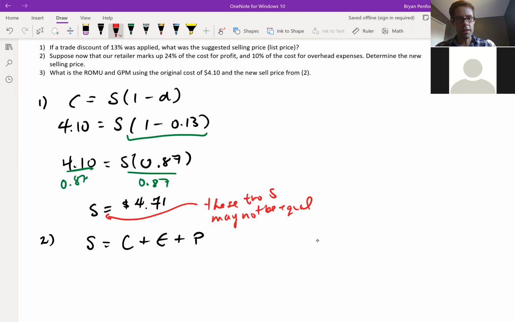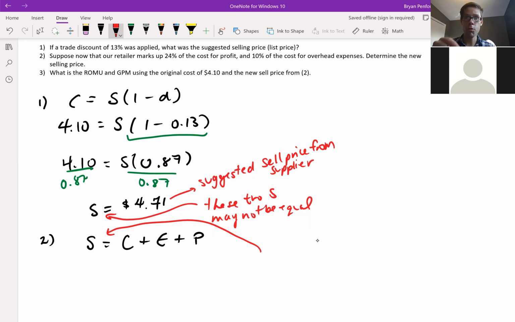This first one represents the suggested price by the supplier. And this S down here represents the selling price that the retailer actually sells it at.